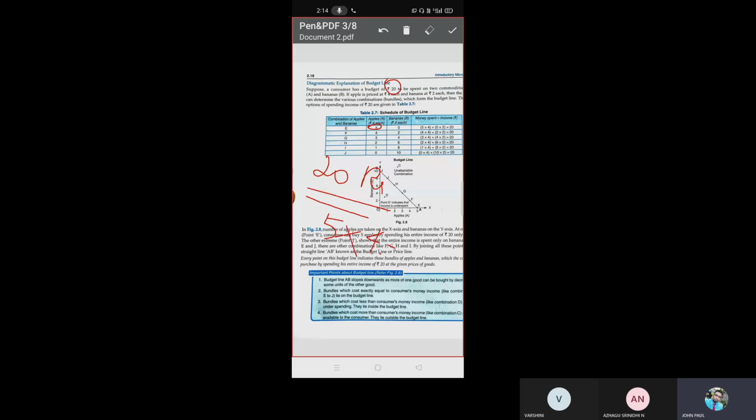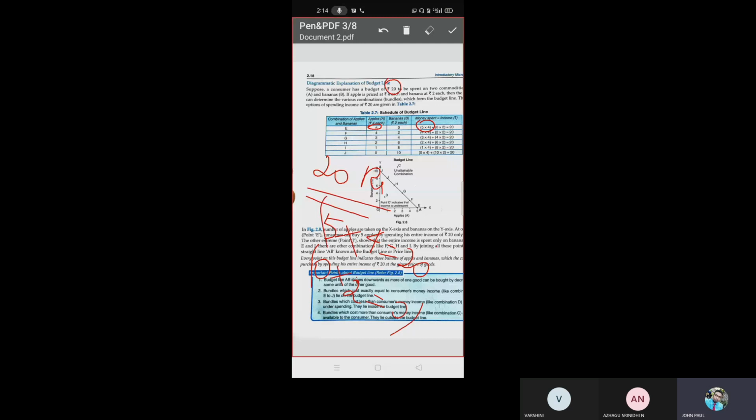So it is possible for me to buy 5 apples and 0 bananas, because I don't have money left to buy a banana. So 0.